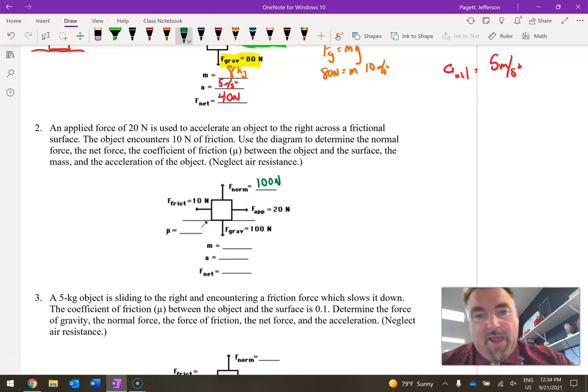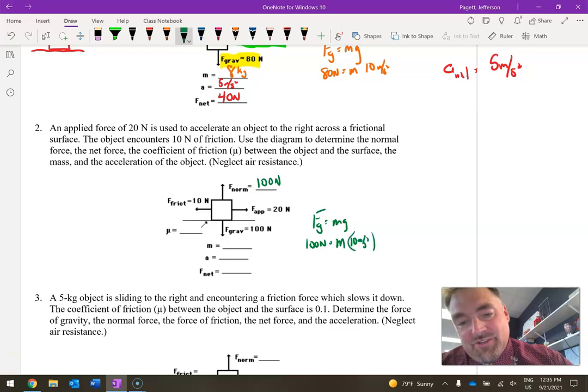We can find our mass, because remember the force due to gravity is equal to the mass times the acceleration of gravity. So 100 newtons is equal to my mass times the 10 meters per second squared, again just for this worksheet. So my mass is going to end up being 10 kilograms.